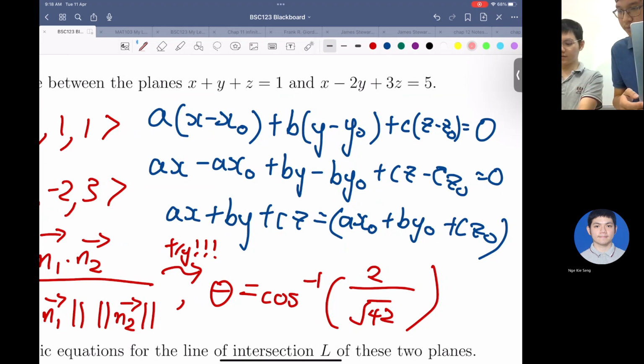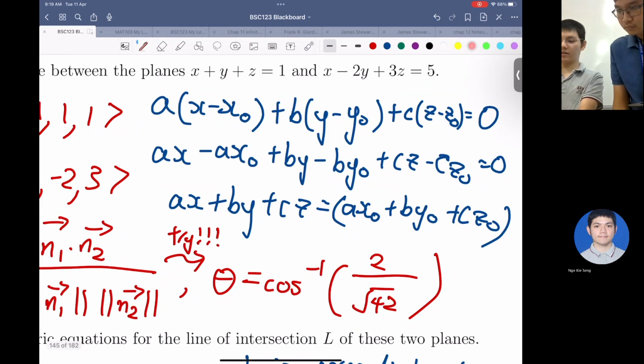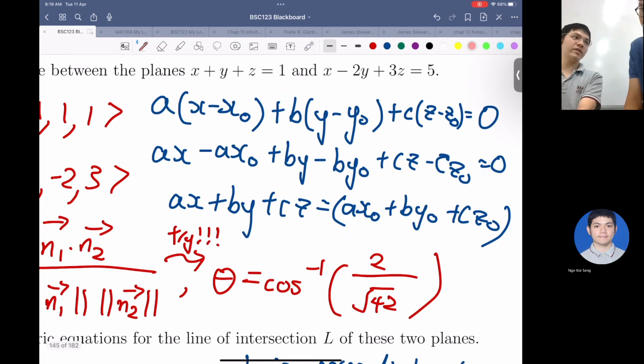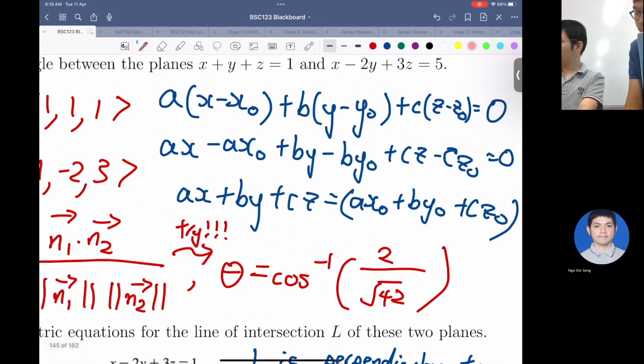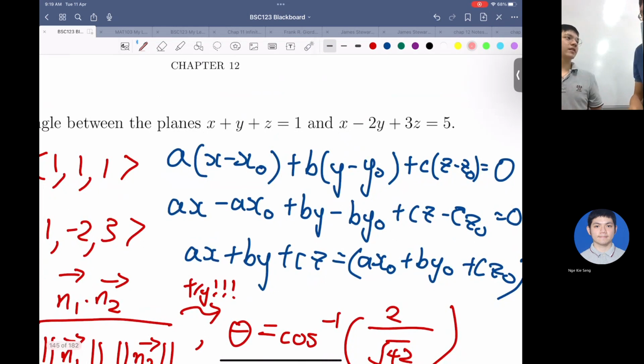The coefficients of x, y, z remain the same; I just combine the constant term. This constant can be 0 or non-zero. If it is 0, the plane passes through the origin. If not, it doesn't, because substituting x, y, z equal to 0 gives 0 not equal to 5.